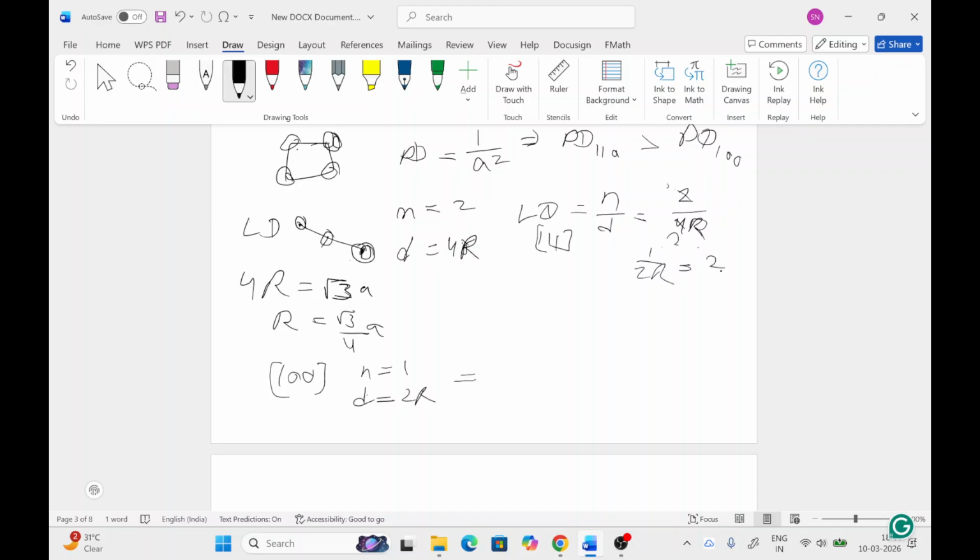So this will be 2 by root 3a, and for this also we write 1 by 2r. So the distance also for this is the same.